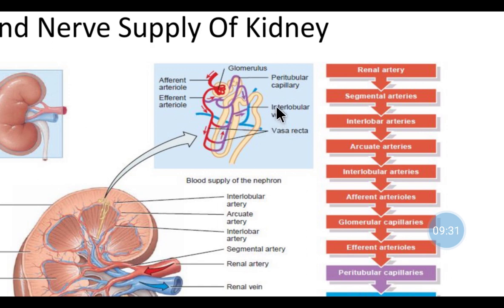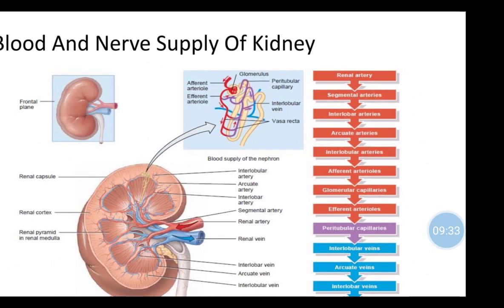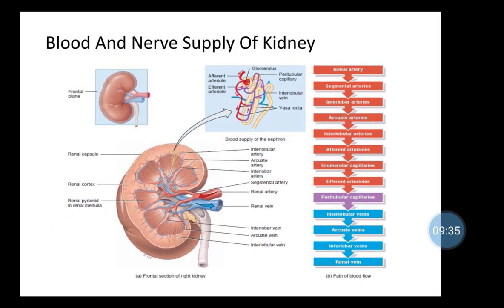Then the blood is drained through the arcuate vein to the interlobar vein running between the renal pyramids. Then the blood leaves the kidney through the single renal vein. This is all about the blood supply of the kidney.